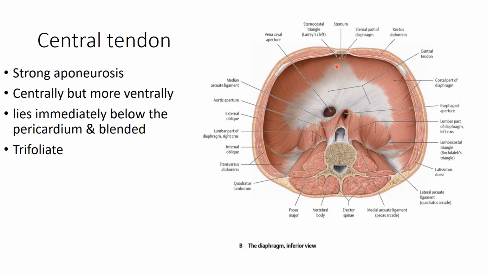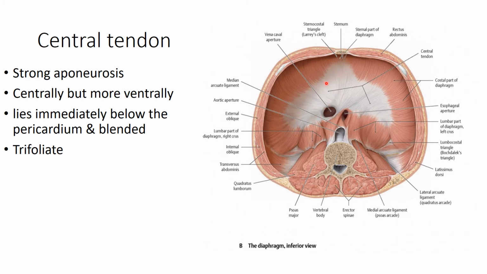So this central tendon is placed centrally but lies more ventrally, and this portion lies just below the pericardium, to which it is slightly adherent, and this portion is trifoliate.